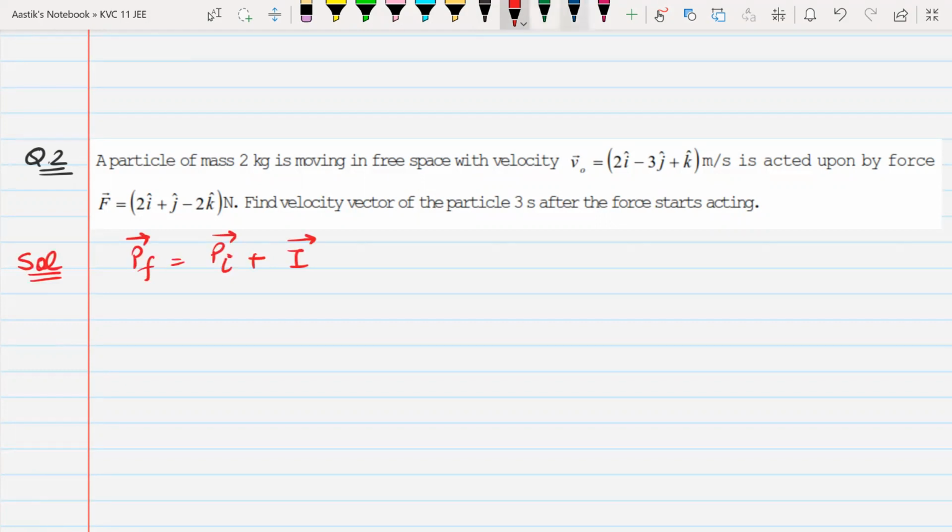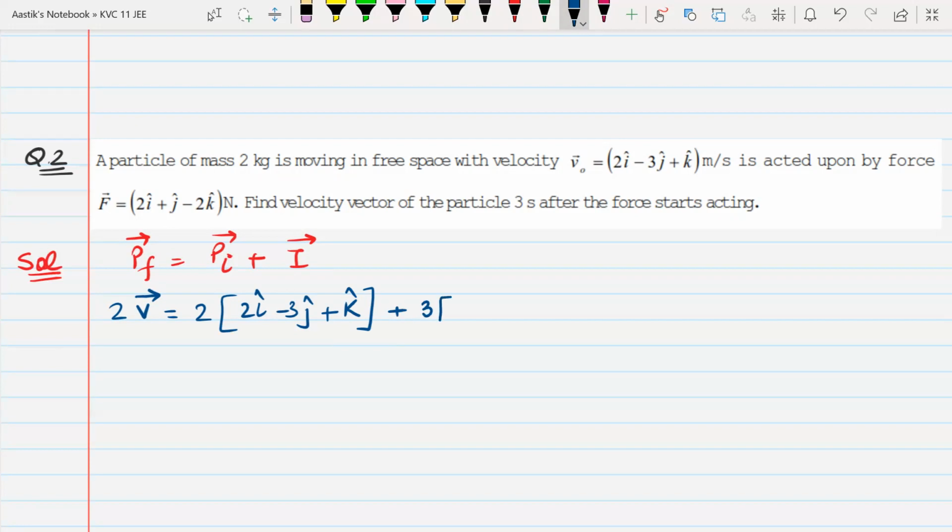Final momentum is how much? Mass is 2 kg into the final velocity v. Initial momentum is 2 multiplied by (2i minus 3j plus k), plus the impulse.